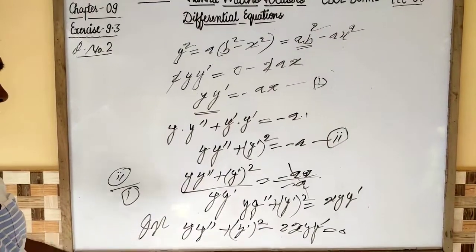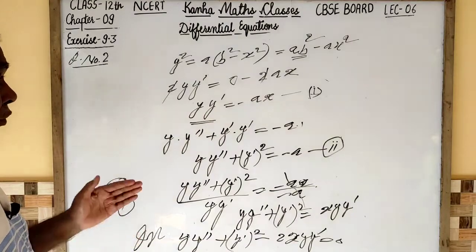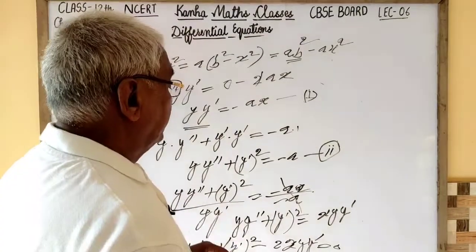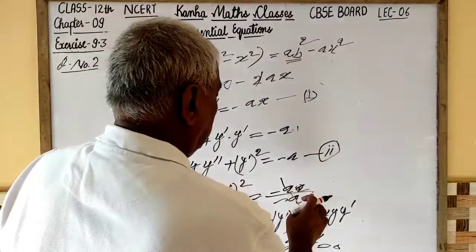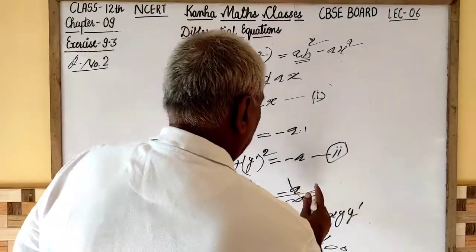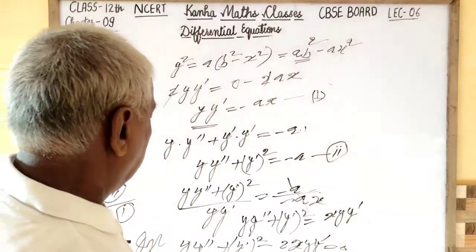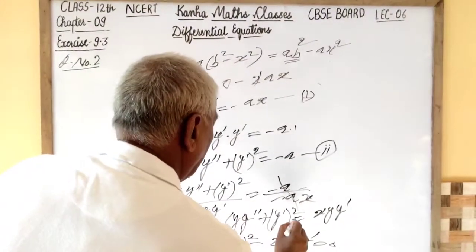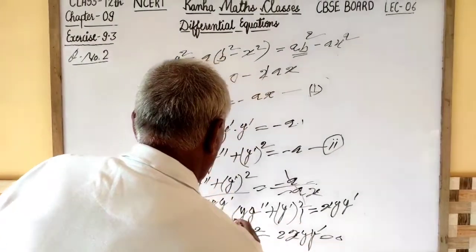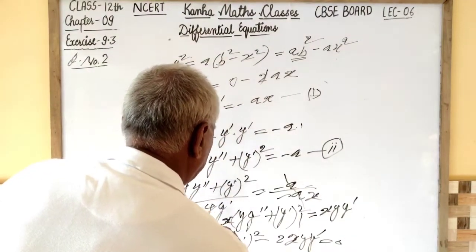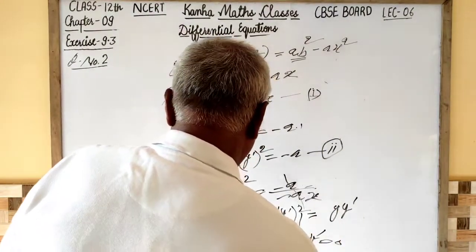Here we see this is of order 2, and we have already eliminated the arbitrary constants a and b. Here we have divided equation second by first, then x will be in the denominator, and now this will be multiplied by x, and this will be y y dash.